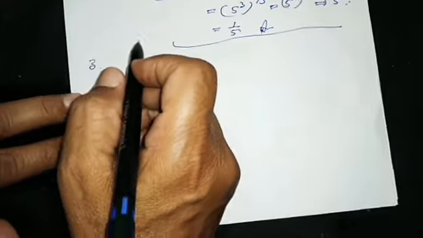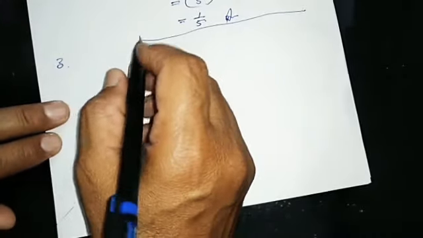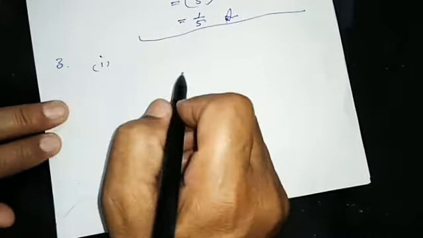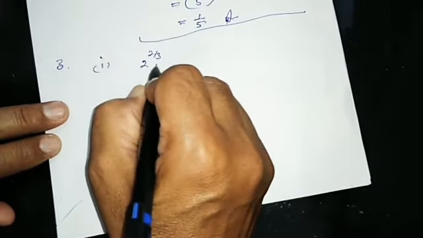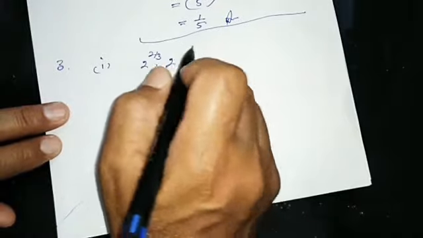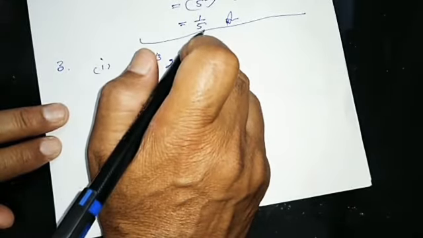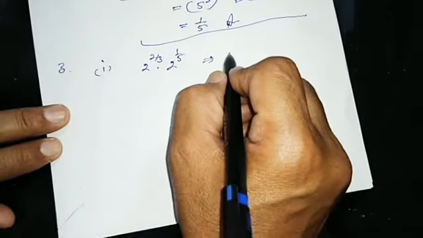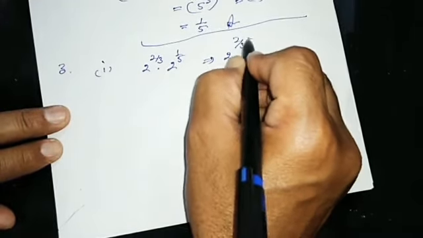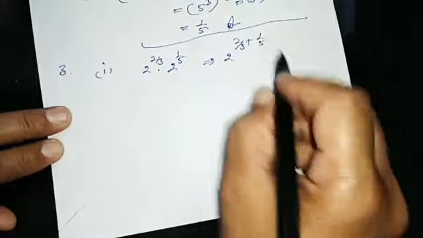Question 3. The first part is 2 power 2 by 3 into 2 power 1 by 5. Okay, so as you see, the base is the same and the powers will add.